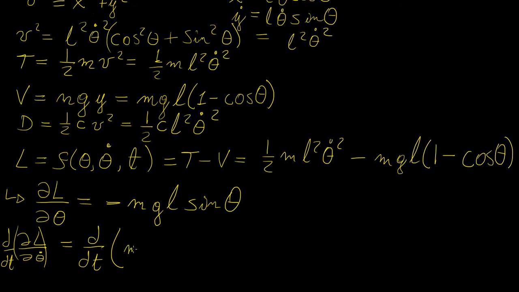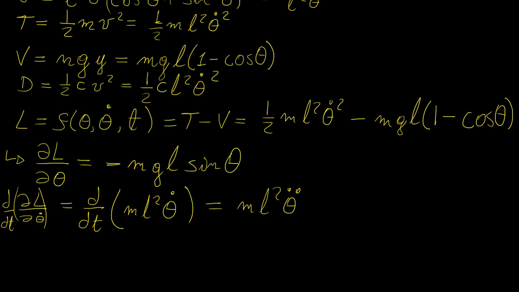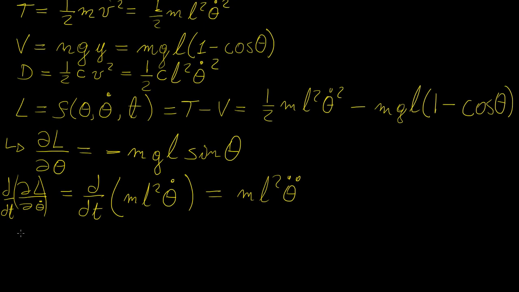That's just going to be ml squared theta dot, and then this is just going to be ml squared theta double dot. And then finally, for our dissipation energy, we're going to differentiate with respect to the angular velocity again. So this is what we had. So if we differentiate with respect to the velocity, we get cl squared theta dot.